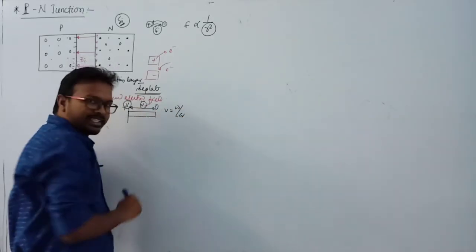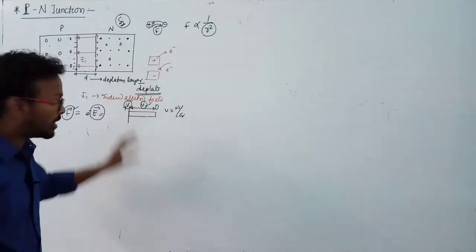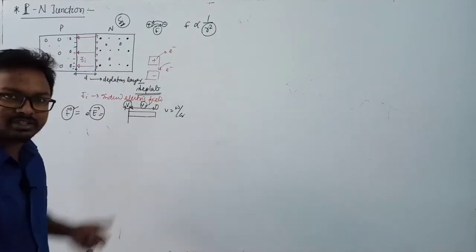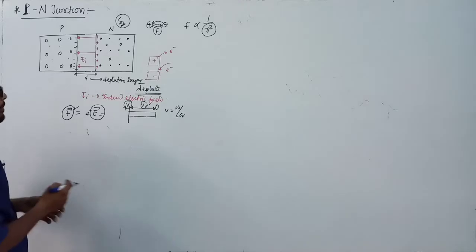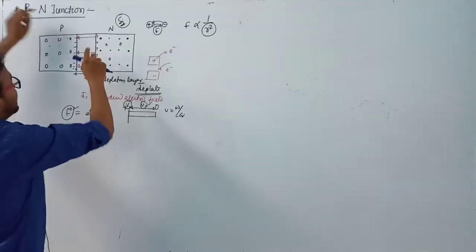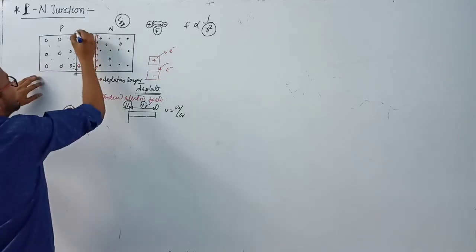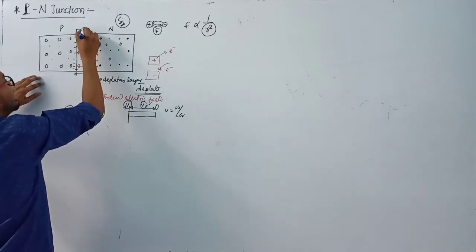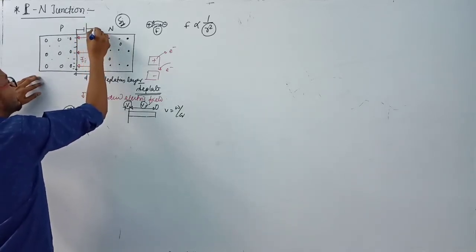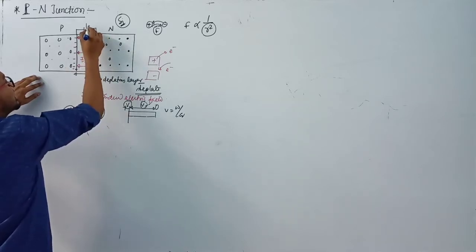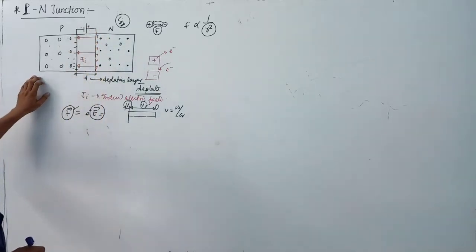So it provides energy to the flow of charged particles from higher potential to lower potential, depending on the nature of the charged particle. But in this case, if there is a positive charge and here a negative region, then a potential develops here like this, and this is positive and here negative.